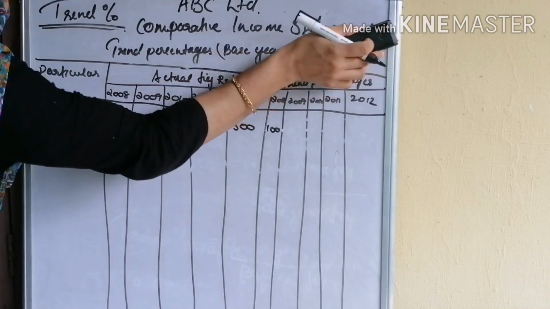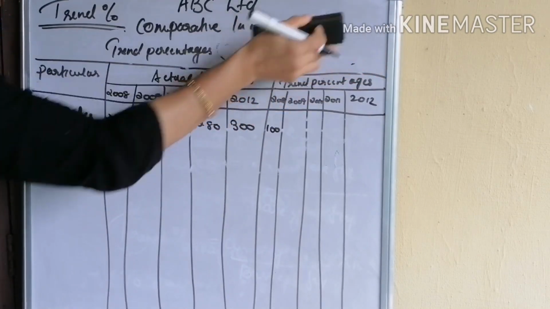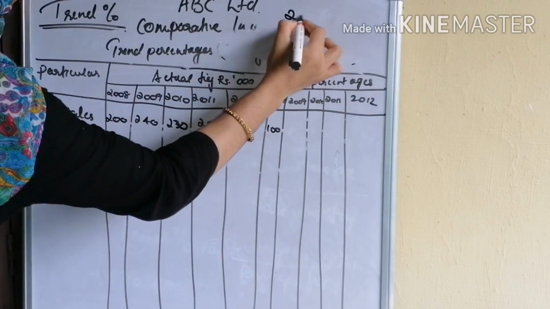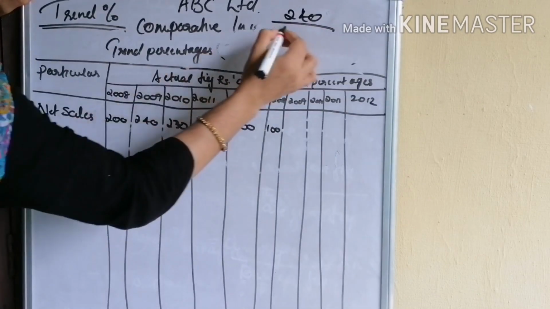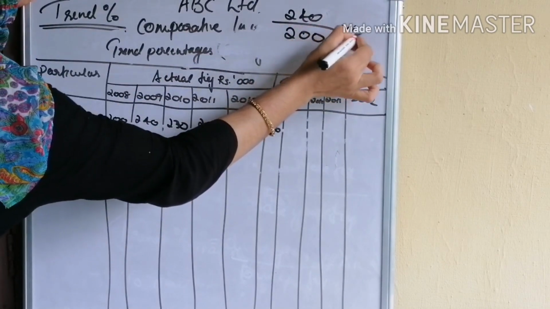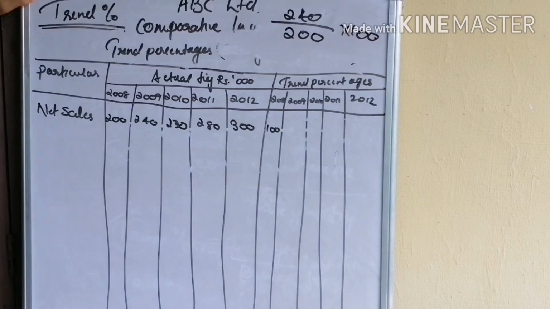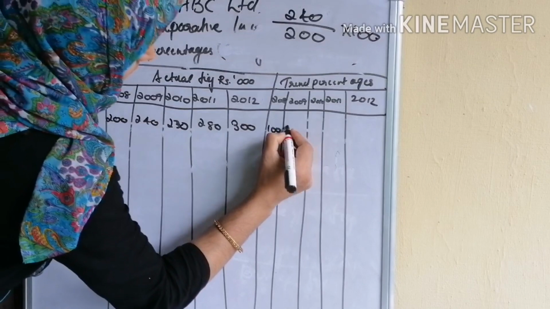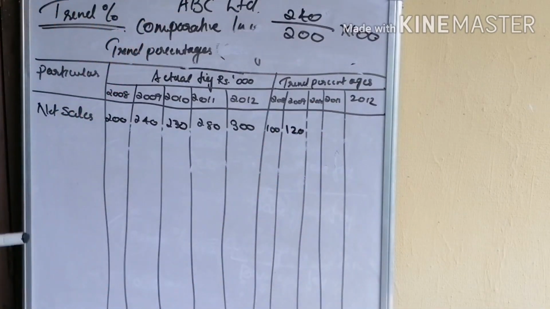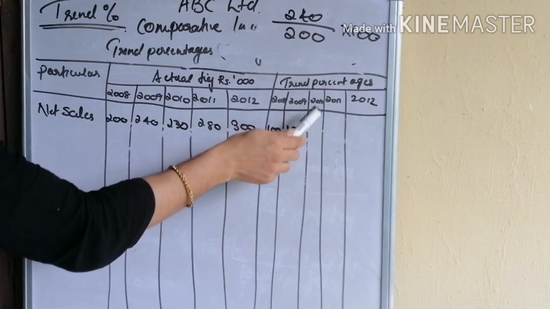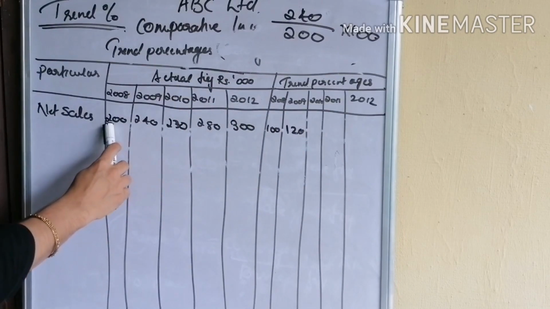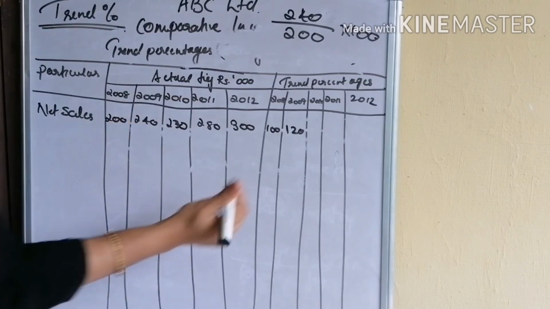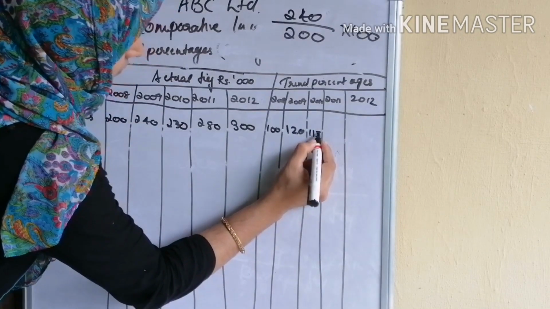I will show you the calculation here. That means 240 divided by 200 into 100. The amount is 120. Likewise, we calculate 2010: 230 divided by 200 into 100, that is 115.